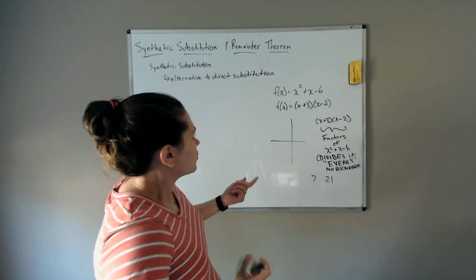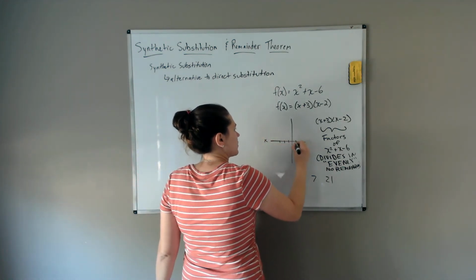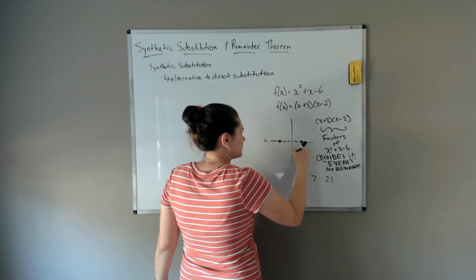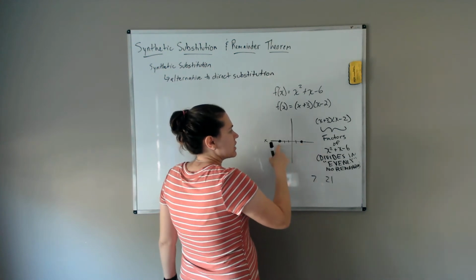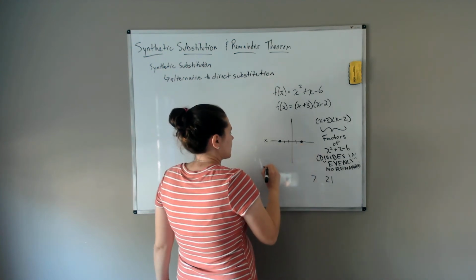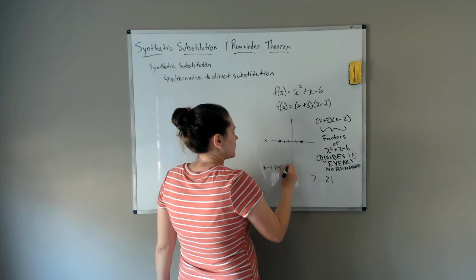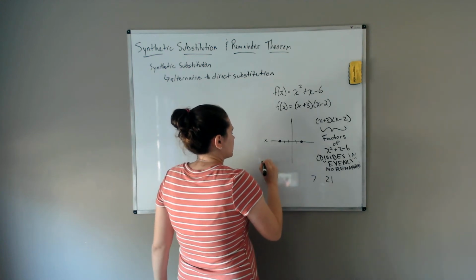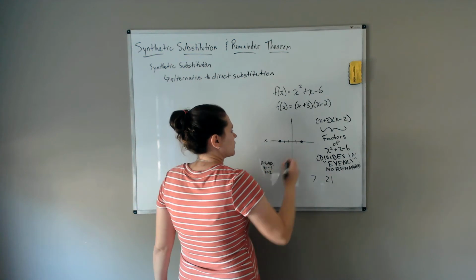So what we know, this is the x-axis. I'm just going to plot a few points. We know that x is 2 is an x-intercept and x is negative 3. If I plug in negative 3, I know I'm going to output 0. So our x-intercepts are negative 3 and 2.